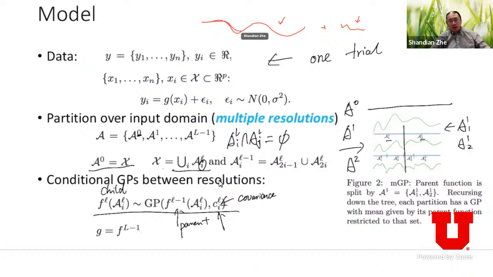That is the low resolution estimation from the parent node. Then you add some abrupt perturbations locally through this local covariance matrix, and you add them together, you get your final curve.